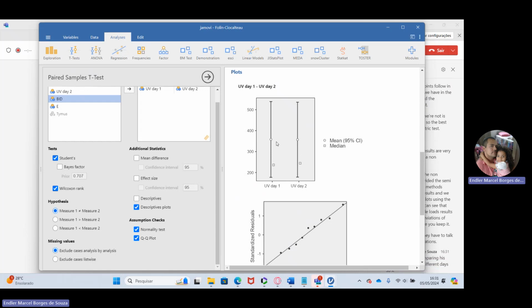We can see that the mean and the median of day 1 are very close to day 2, and the standard deviation of day 1 is very close to the standard deviation of day 2. So we can say that the results obtained on day 1 were equivalent to the results obtained on day 2, and the standard deviations were also equivalent.